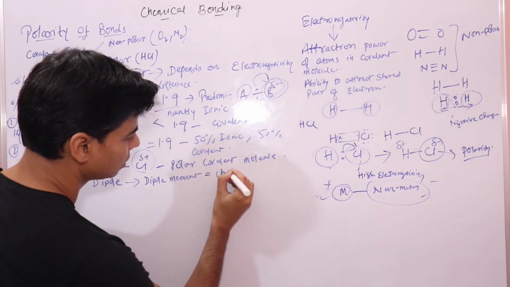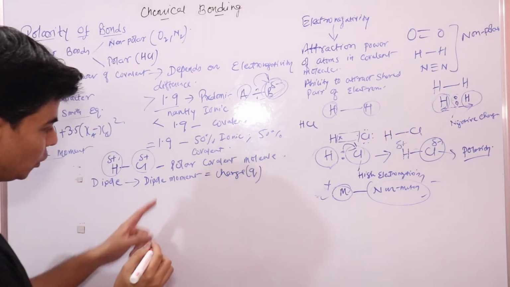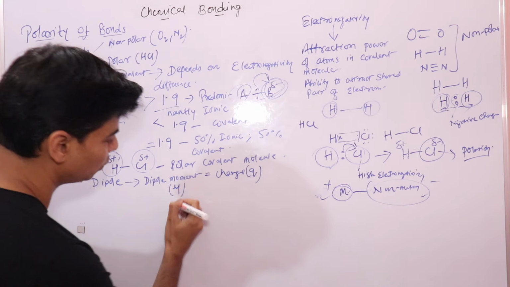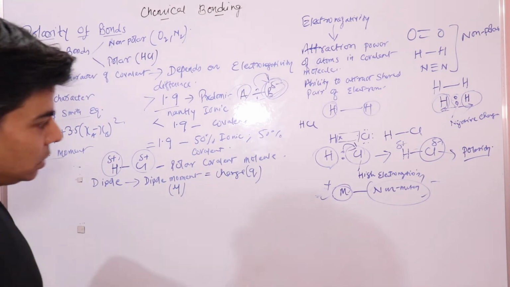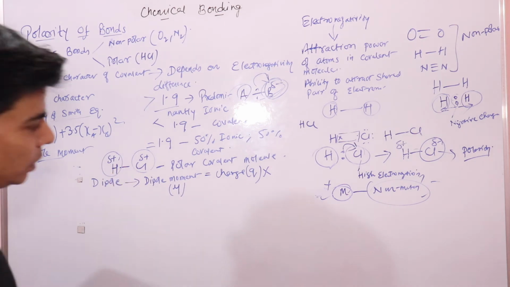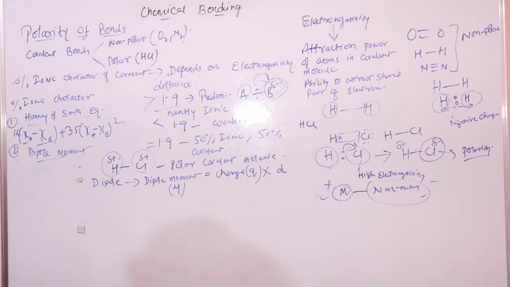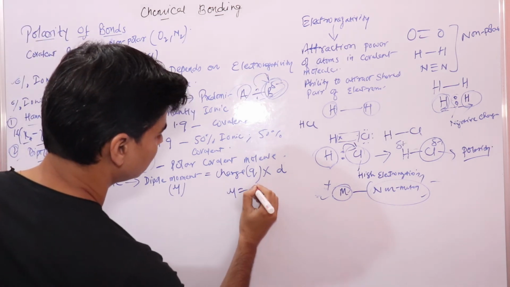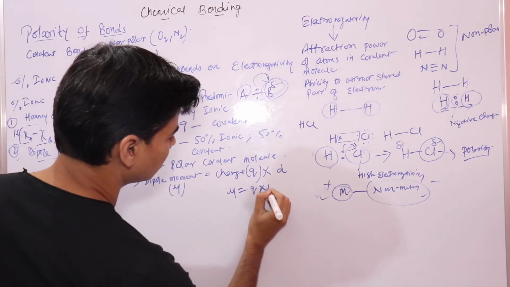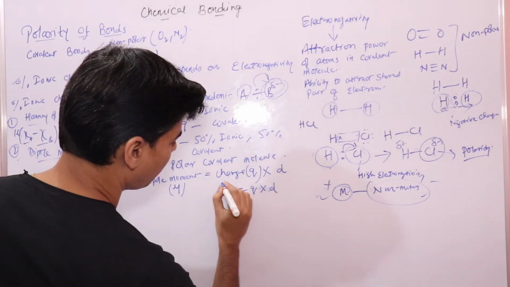So charge, Q. Dipole moment is represented by nu. So charge multiplied by the distance between the two atoms in the covalent bond, represented by D. So the formula turns out to be this.